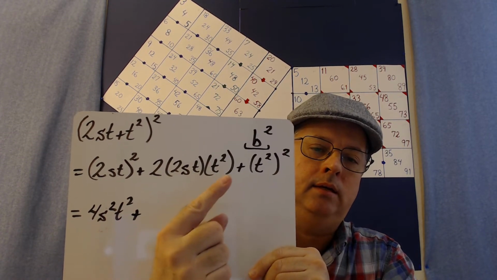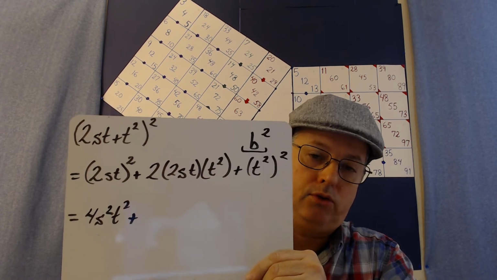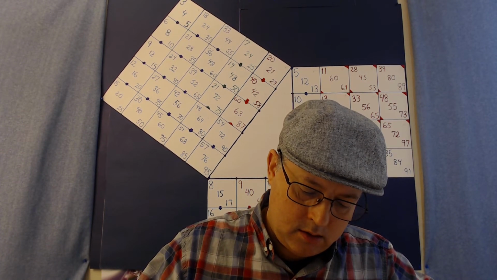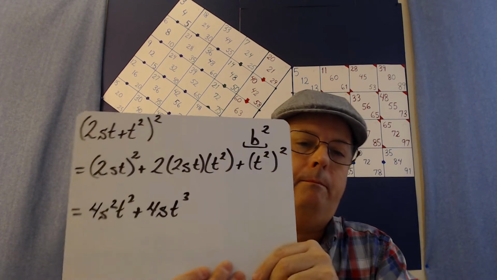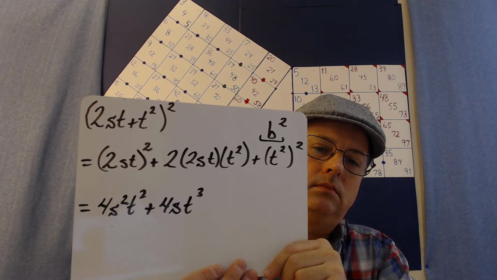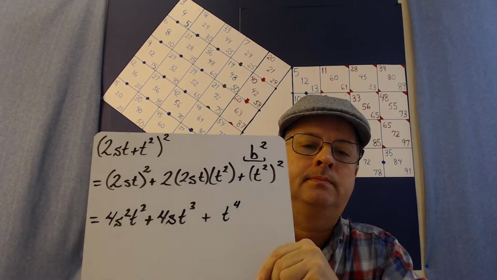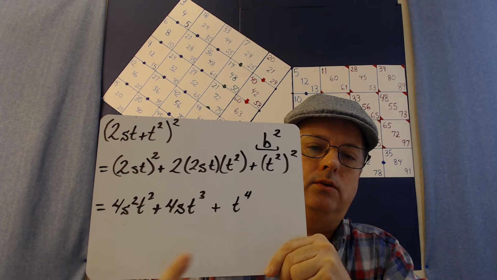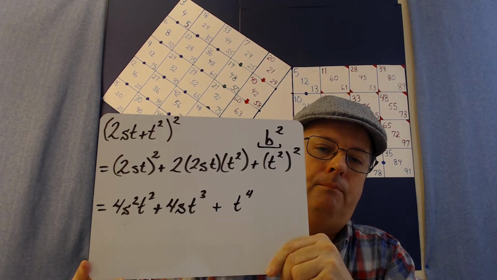And then t times t squared is t to the third. Okay, so let's see, that's 4s t to the third. All right, and then t squared squared, that's t to the fourth. Okay, and so now there's our expansion for b.